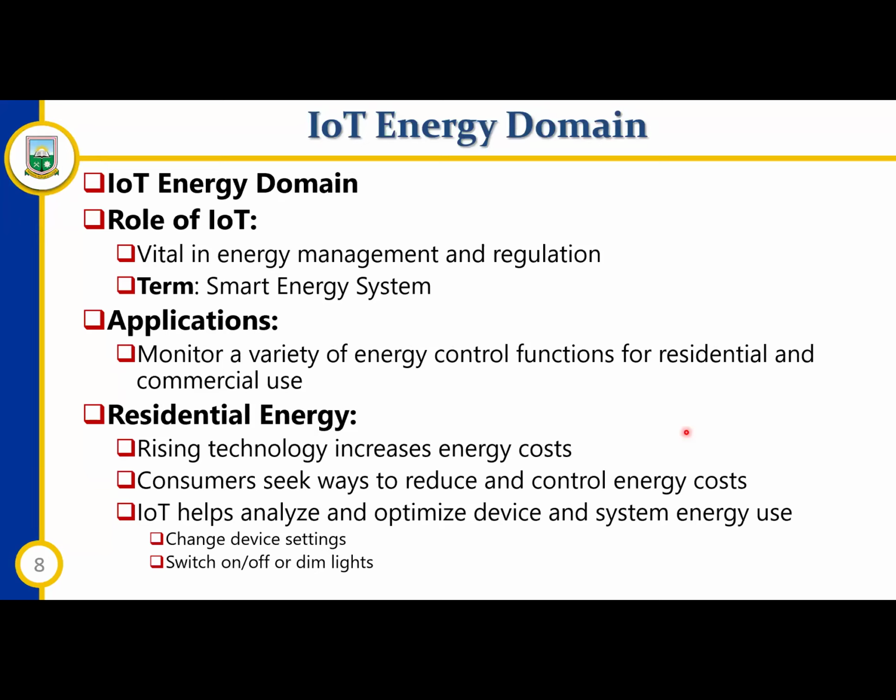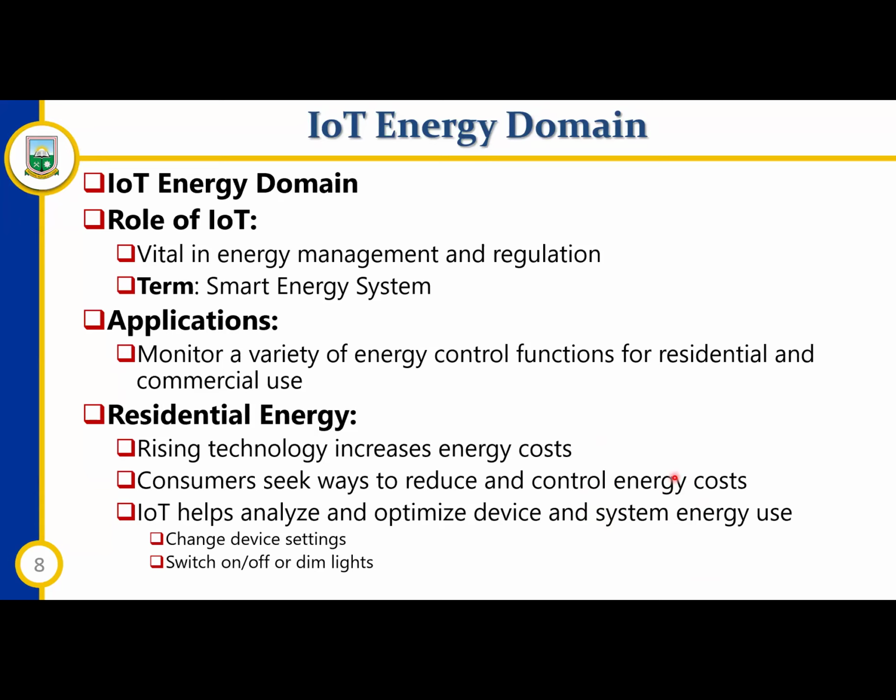And by so doing, consumers look for ways to reduce and control the energy cost being fed to their individual households. So what IoT can do is provide a mature way to analyze and optimize the use of such devices which we have in our homes as the entire system of a home.